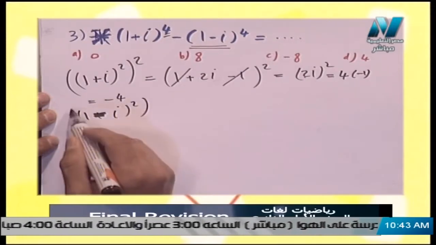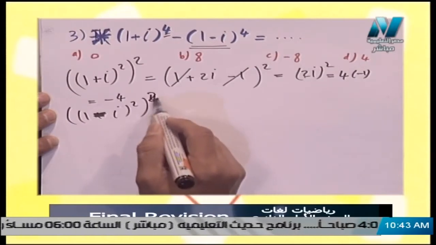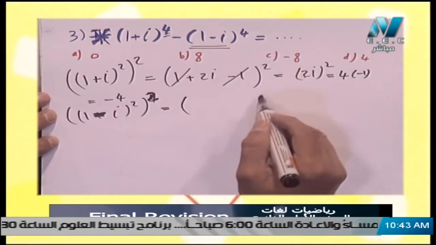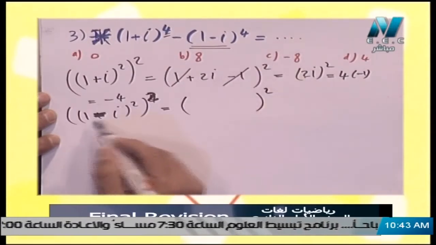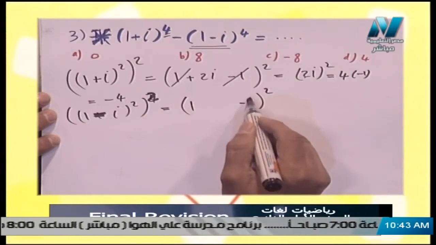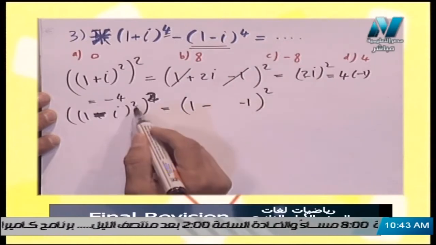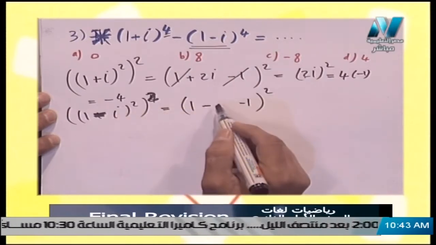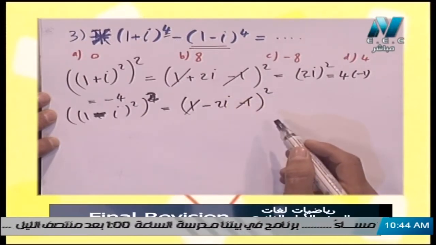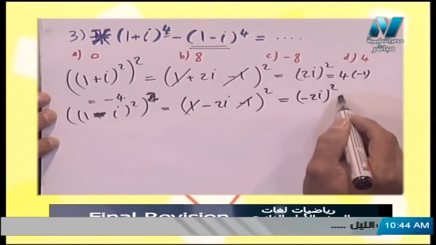We will make it as before. (1 minus i) all power 2, all power 2 also, to be power 4 as this one, equals this bracket power 2: 1 power 2 equals 1, and negative i power 2 equals negative 1 also, and we have 2 multiply 1 multiply negative i equals negative 2i, and you will cancel 1 with negative 1, the sum equals 0, and we have only (negative 2i) all power 2.